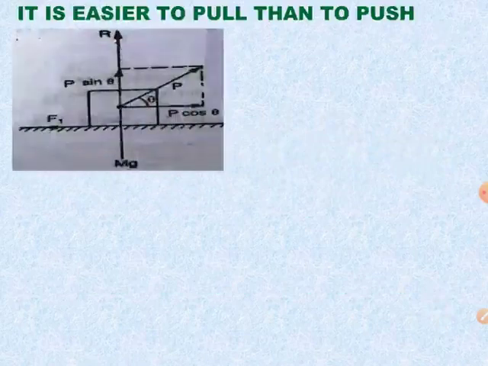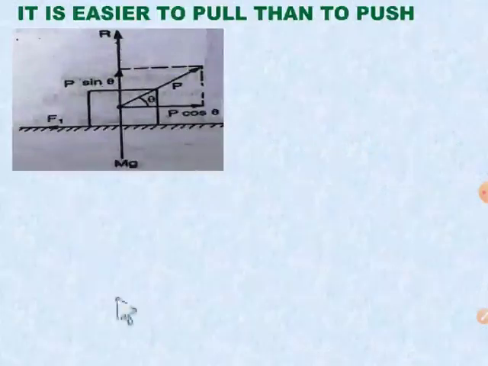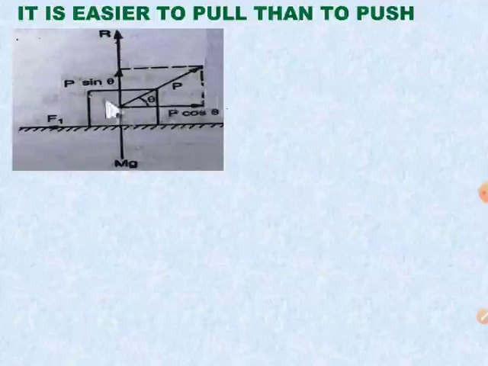So now let's see which one is easier, pushing or pulling. First, let's try to see pulling. Now on a flat surface like this, a block of mass is placed, and by applying a force in this direction, the body is pulled, this block of mass. Now when force is applied here, what are the forces acting on this block of mass?